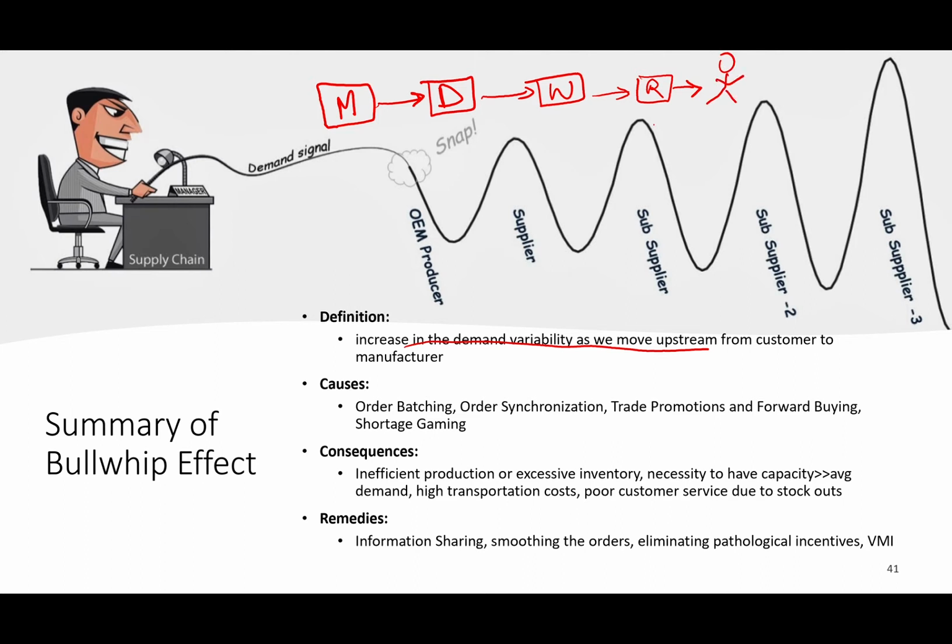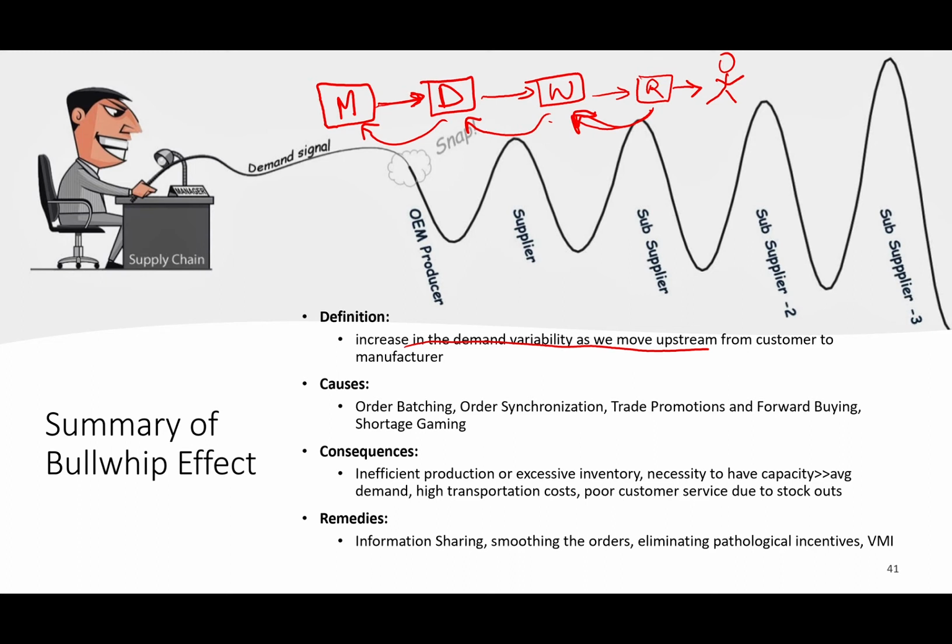And then the retailer transmits this information as they move. The retailer transmits this demand information to the wholesaler, who does it to the distributor, and then the distributor does it to the manufacturer. So the forward flow is material flow, and then the backward flow is information flow, right?